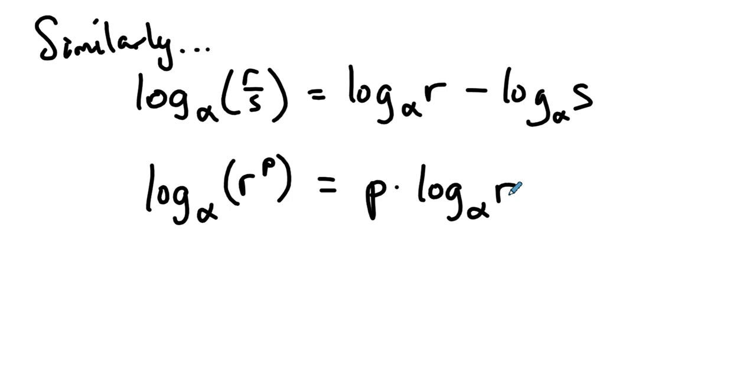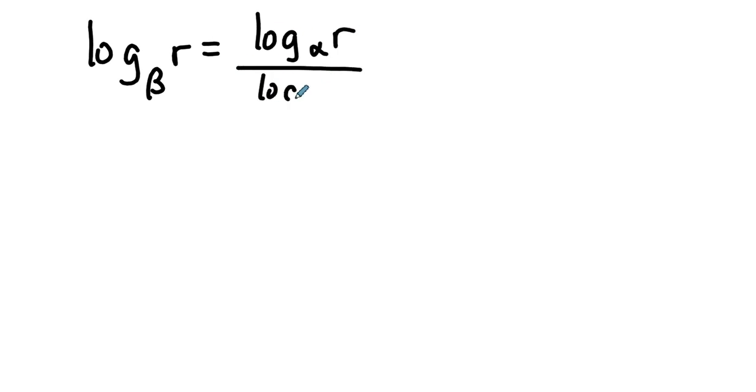You can justify those. You can also justify that the log base beta of r is the log base alpha of r over the log base alpha of beta. You can justify that. I'll do that. It's not terribly difficult.